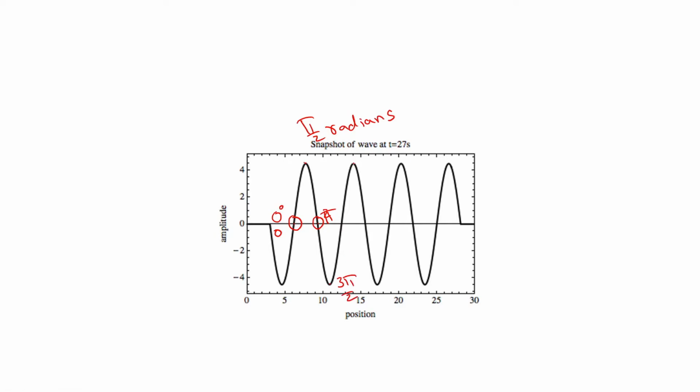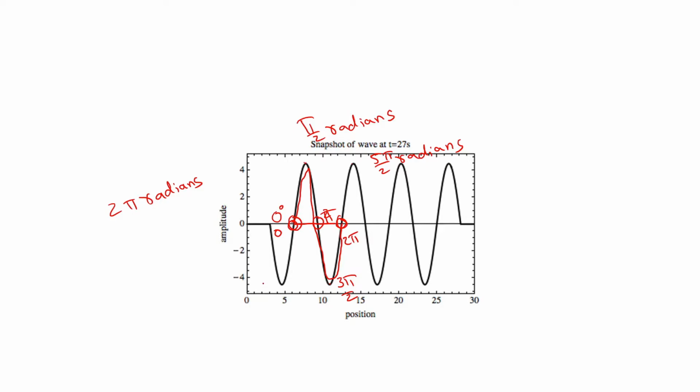And the phase here is 2 pi radians, and the phase here is 5 pi by 2 radians. The distance between these two phases are 2 pi radians. You can see that a sinusoidal signal has completed one complete cycle.